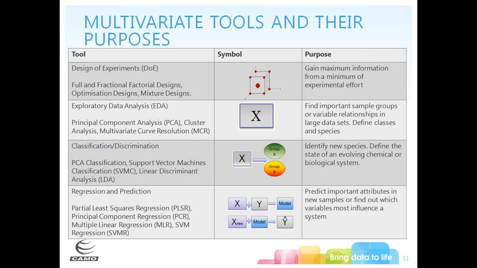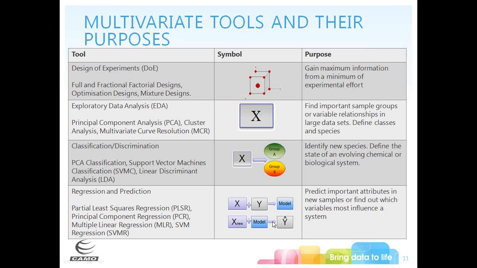For classification and discrimination, wherein we're interested in identifying new species based on given and well-defined modeled groups, we can use principal component analysis classification, PCA classification, through SIMCA, soft independent modeling by class analogy, or some advanced classification tools such as support vector machines or linear discriminant analysis.